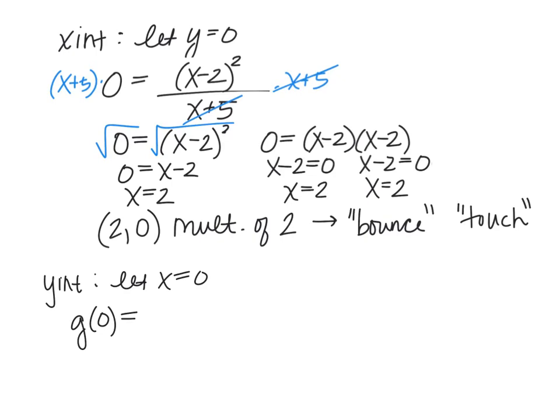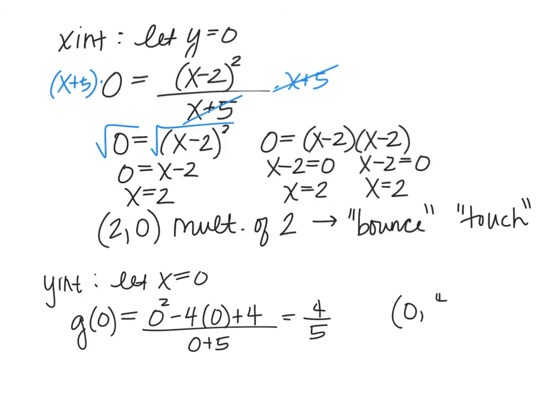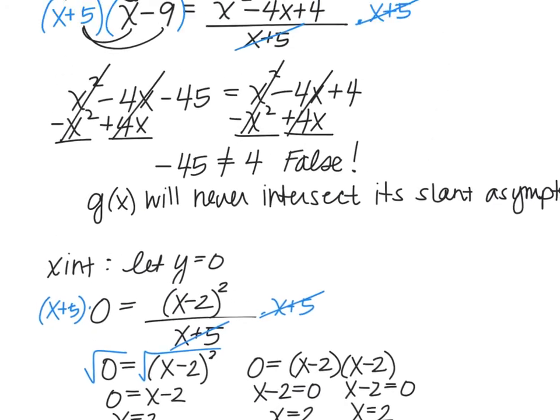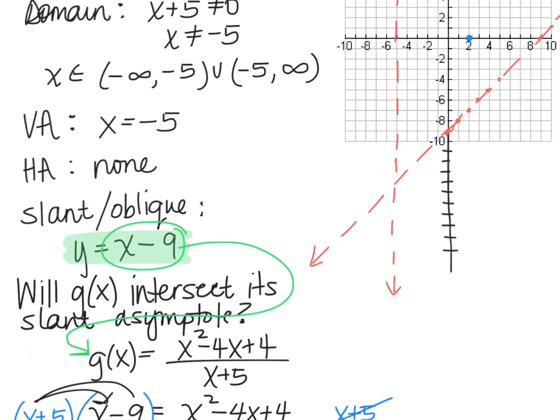It's interesting for the y-intercept, I think it's easier to actually use the original here. 0 squared minus 4 times 0 plus 4 divided by 0 plus 5. And a lot of people don't even bother showing this work because it's pretty easy to do that in your head, to substitute 0 into the original function, which would be fine. So my y-intercept is going to be the coordinate 0, 4/5. And we'll go back above and we'll plot that coordinate as well.